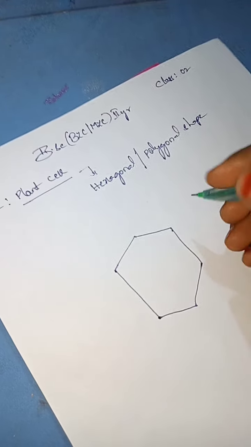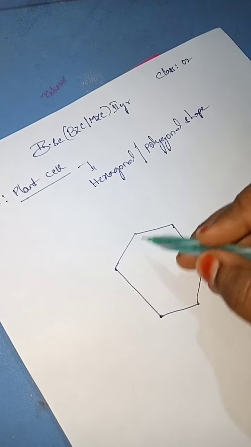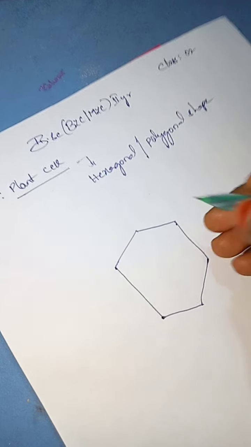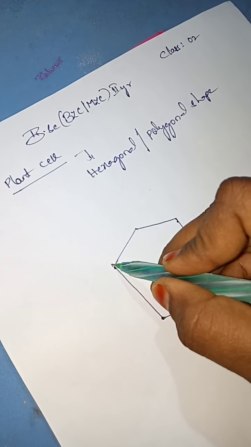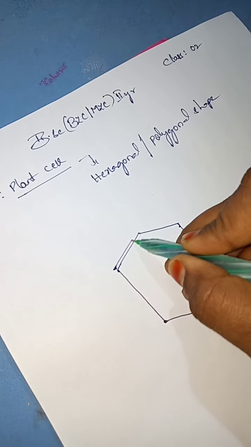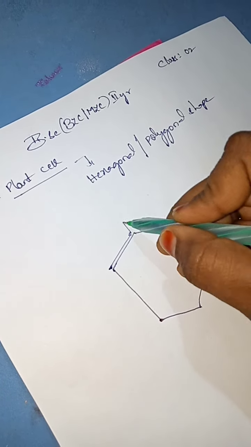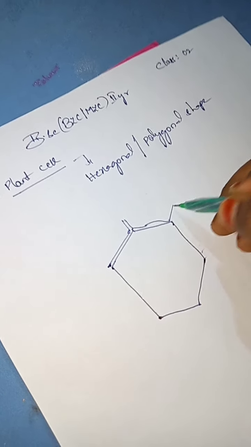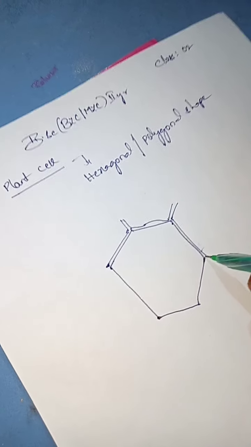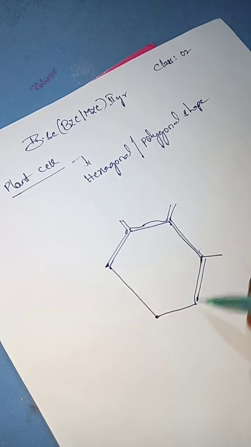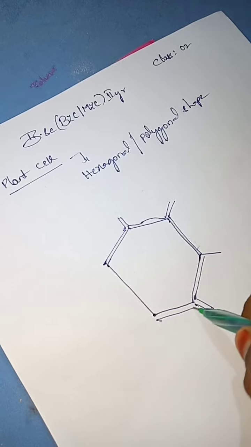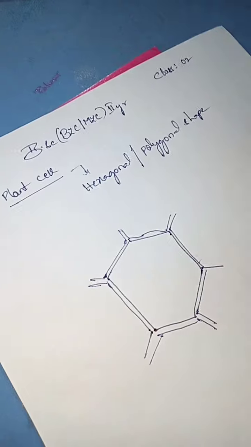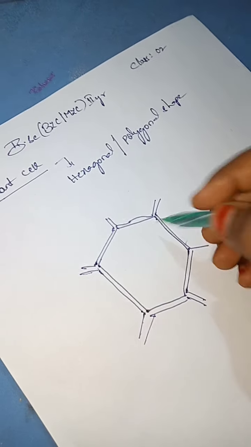Okay, so whatever I have drawn here is the outer layer for the plant cell. These plant cells have an outer layer, an extra additional layer called cell wall. So this is the plant cell.